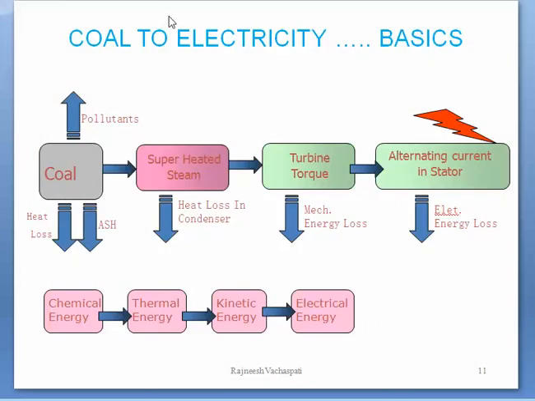Coal is transported from mines, then it is pulverized to a size of 75 micron, which is like the fineness of a talcum powder. Because of this pulverization, the surface area increases and simultaneously its fluidity and flowability also increases.